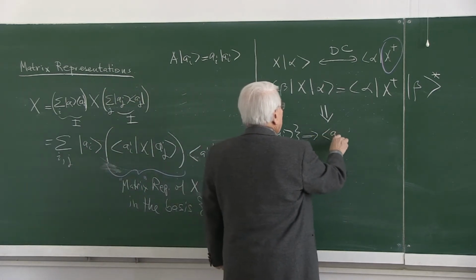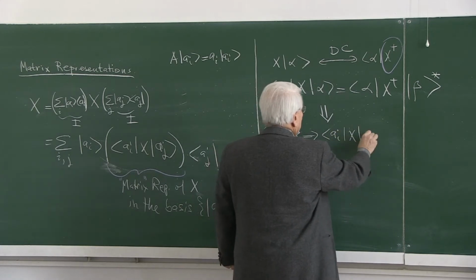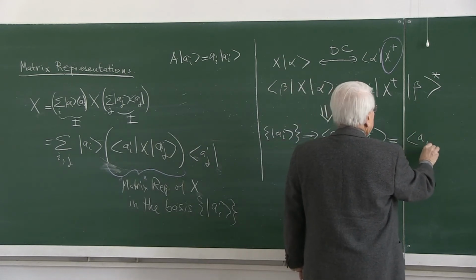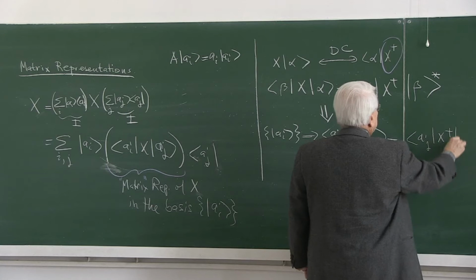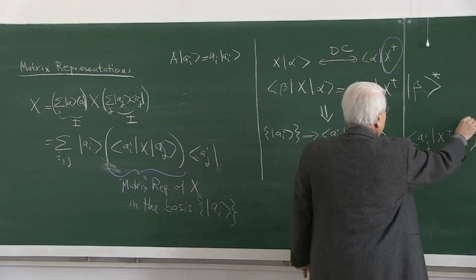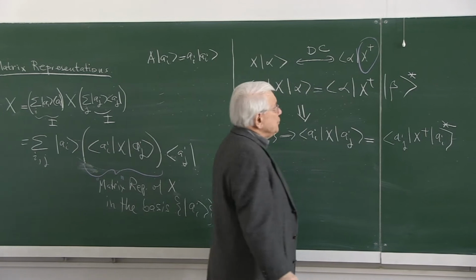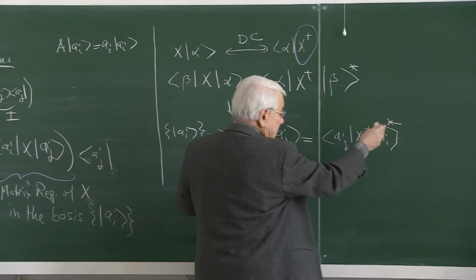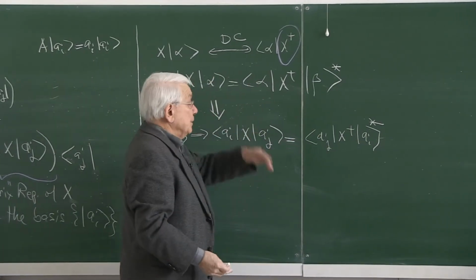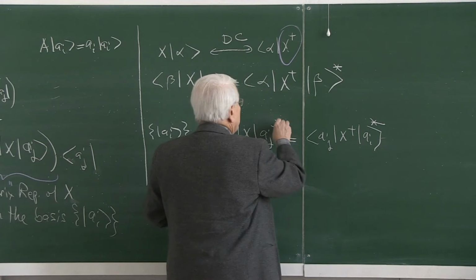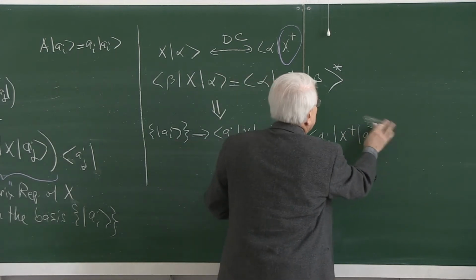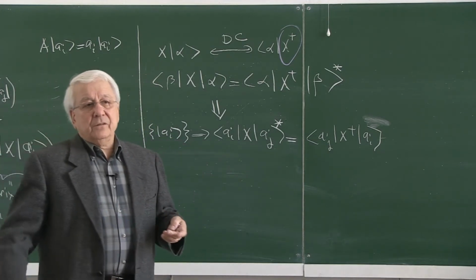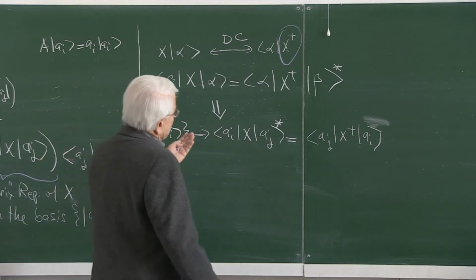I get the following: AI X AJ is AJ X dagger AI complex conjugate. Well, actually, instead of this, I better write it in the following fashion. Let me take the complex conjugation of the equation once more. Complex conjugation of the conjugation is the same. It takes you back, right? You take complex conjugation once and then another time you go back. So in a sense, this is more telling.